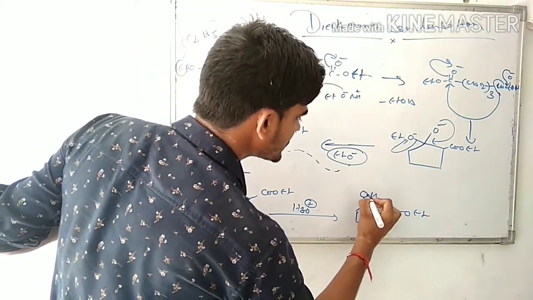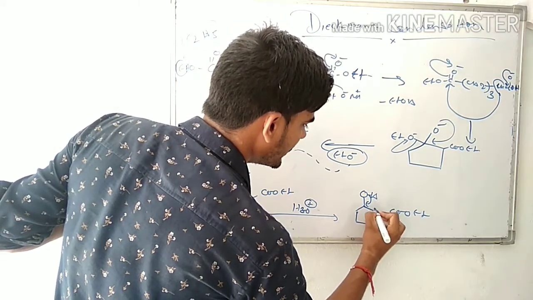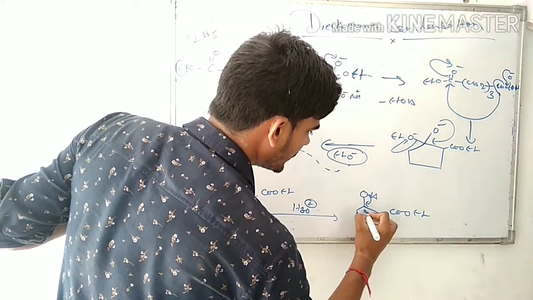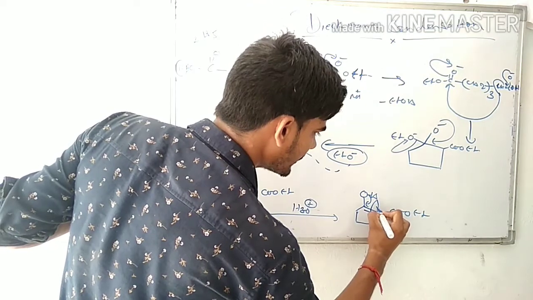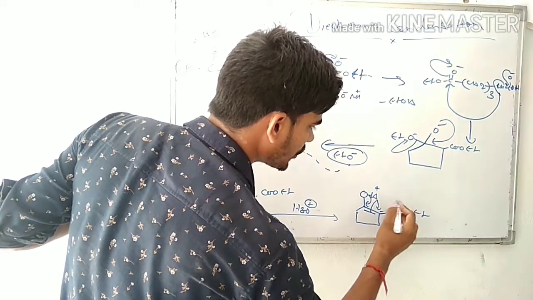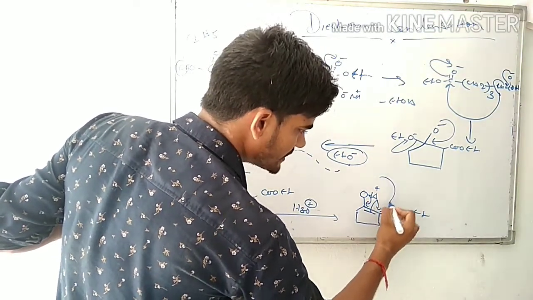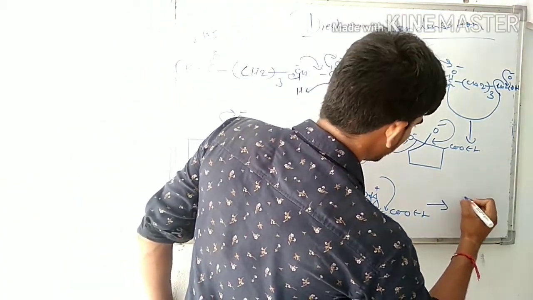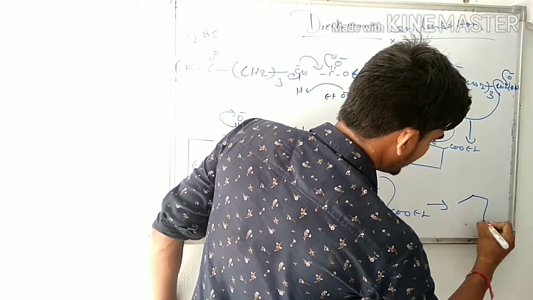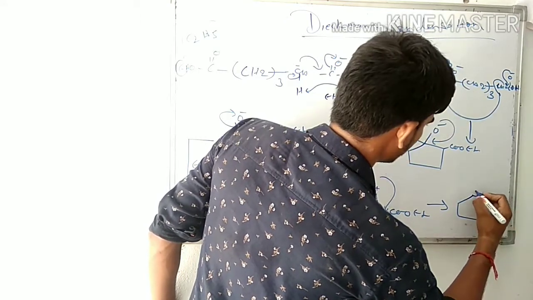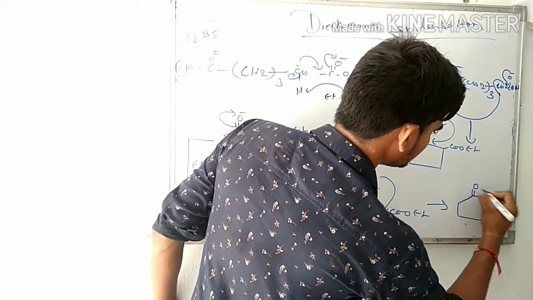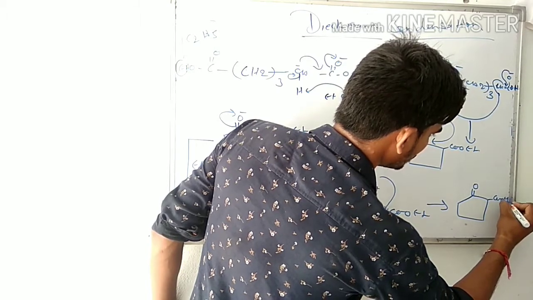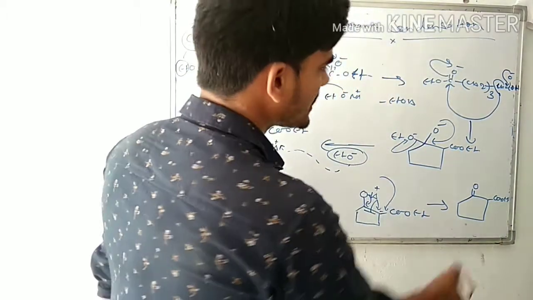Here this bond is moved here and this is negative, and this proton is attracted by this carbon to form our final product, beta keto cyclic ester. This is our final product.